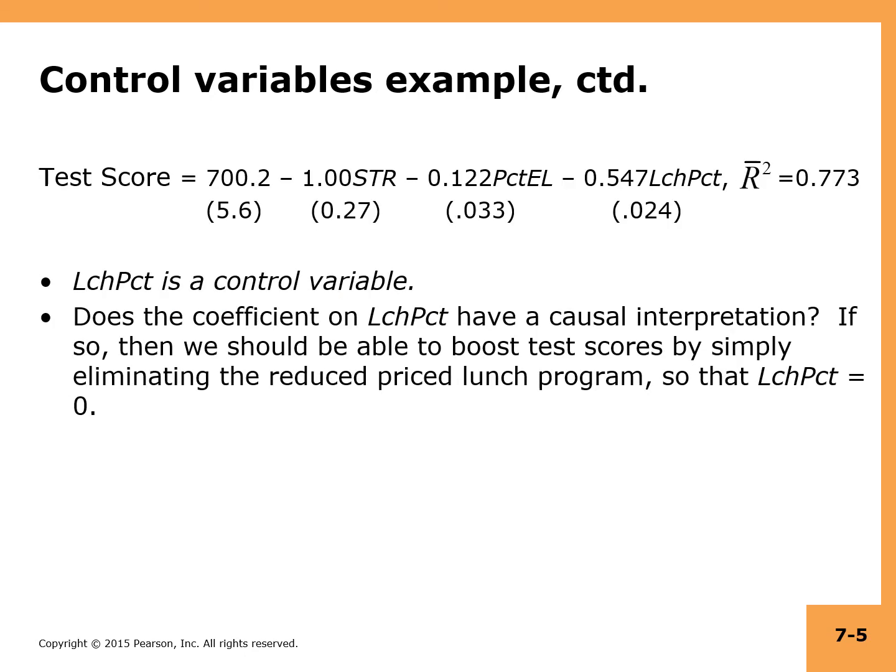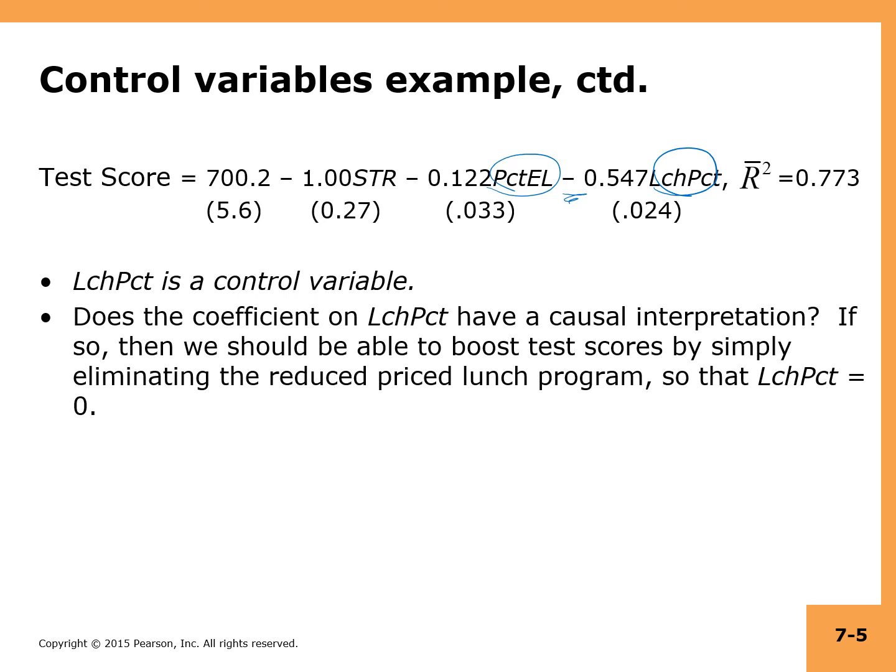So the percentage of students who are on reduced price lunch program is also considered a control variable. But unlike the percentage of English learners, which had a causal interpretation, this does not have a causal interpretation.